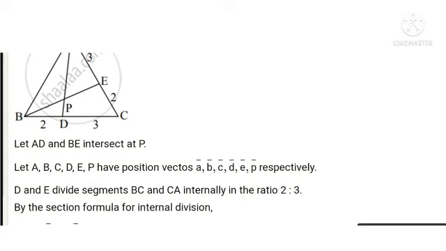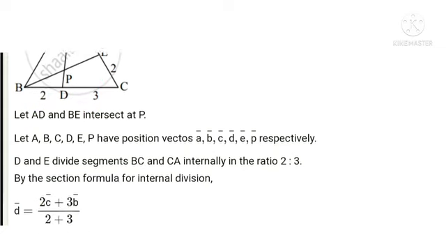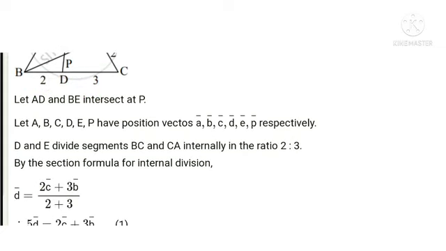Here point D divides internally in the ratio 2:3, so we use the section formula for internal division. What is the section formula? Here it is B bar and it is C bar. So we write D bar is equal to 2C bar plus 3B bar upon 2 plus 3.